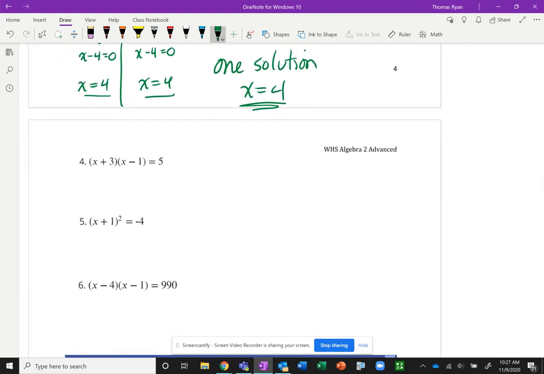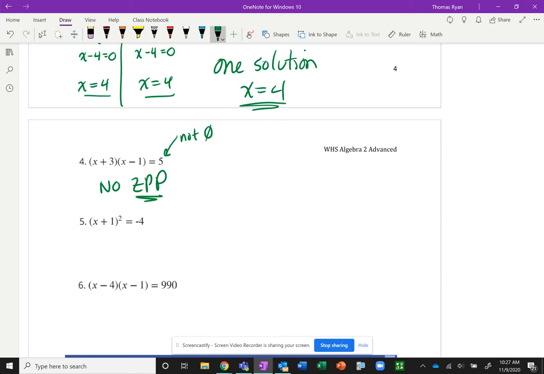All right, so now we get into these three. And this is where we can't use ZPP. Why not? Because it's not equal to 0. That's the zero in zero product property. This is not 0. Now, we could probably think this one out, but we might as well use graphing as a strategy.